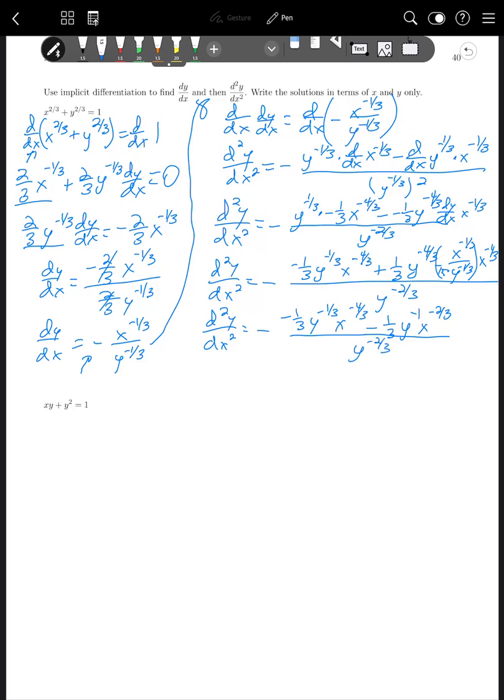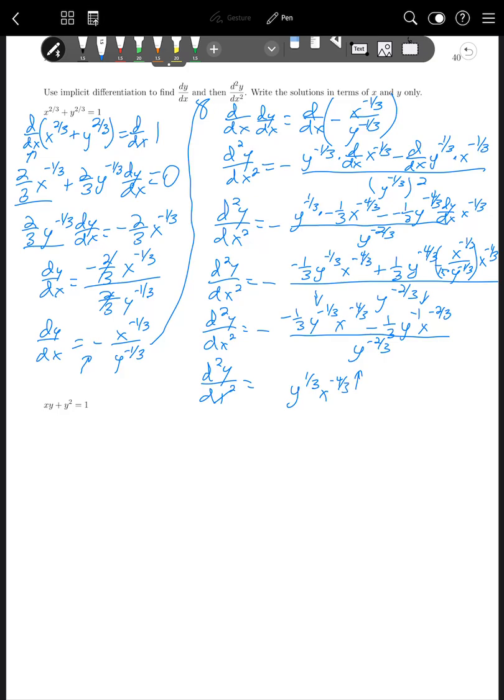And so now we can do a few things to finish this problem off. First off, I can divide these y's in each one of these terms so that I can simplify this a little. So y to the negative 1/3 divided by y to the negative 2/3, you subtract the exponents, so negative 1/3 minus negative 2/3 is y to the 1/3.